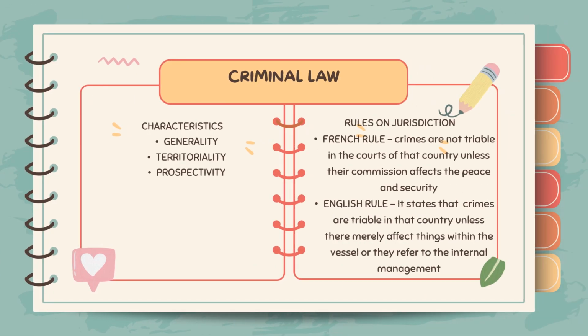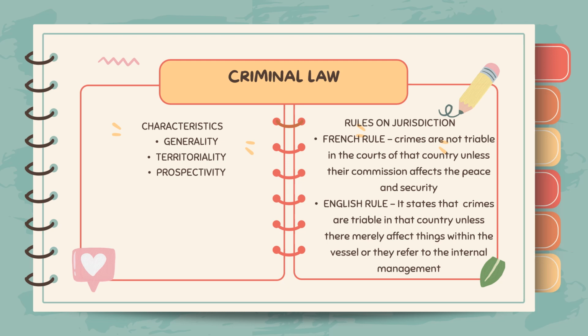criminal law. So criminal law has three characteristics: generality, territoriality, and prospectivity. We talk about generality, criminal law is binding on all persons who live or sojourn in the Philippines. Prospectivity, of course, the concept is that criminal law cannot make an act punishable in a manner in which it was not punishable when committed.